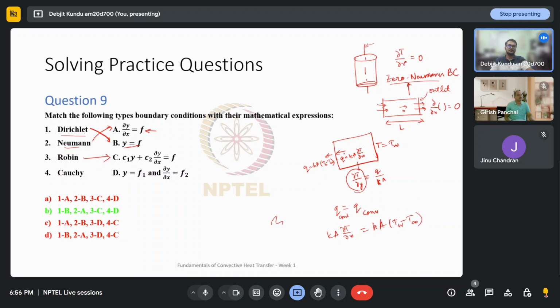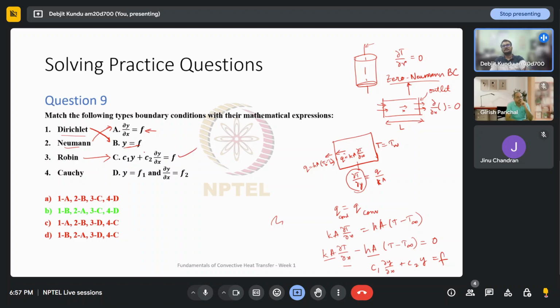So I can simply take it to the other side and say that some constant times some derivative, minus or plus doesn't matter, plus some constant times, again, I won't say Tw in this case, I'll say T, which is the temperature, equal to 0. So this you can see resembles something like C1 dou y dou x plus C2 y is equal to 0, or not 0, you can say f as well.